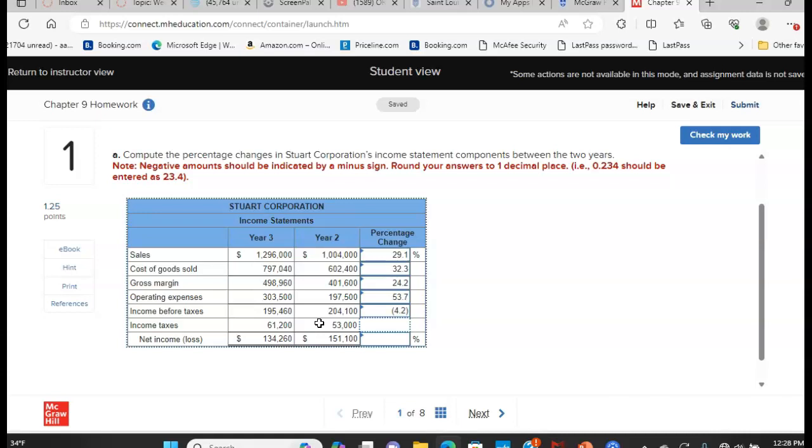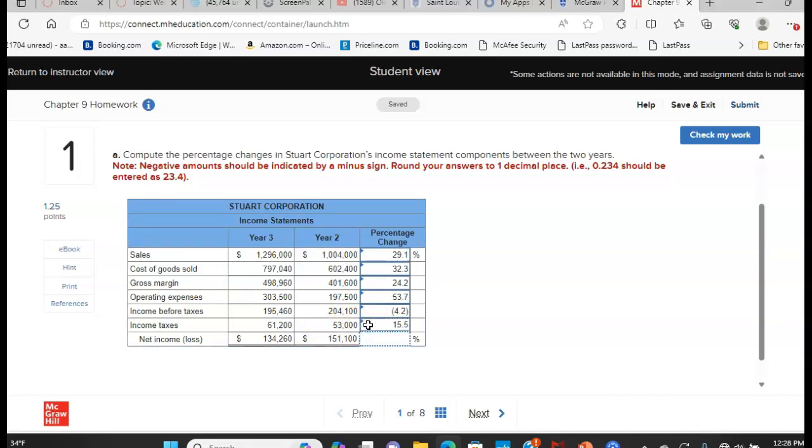So we'll take the 8,200 divided by the base year of 53,000, and that would give us 0.1547, which is going to be 15.47, which would be 15.5% rounded to the nearest decimal.